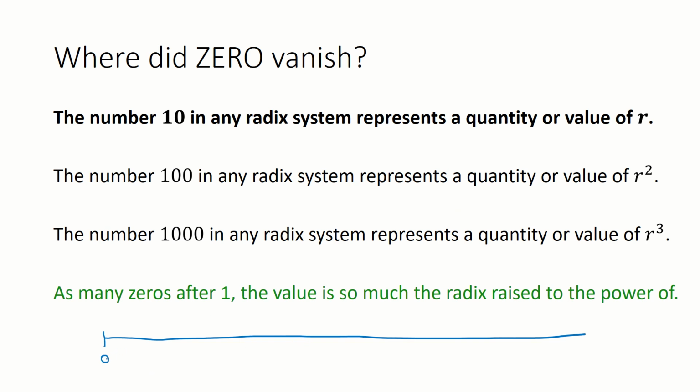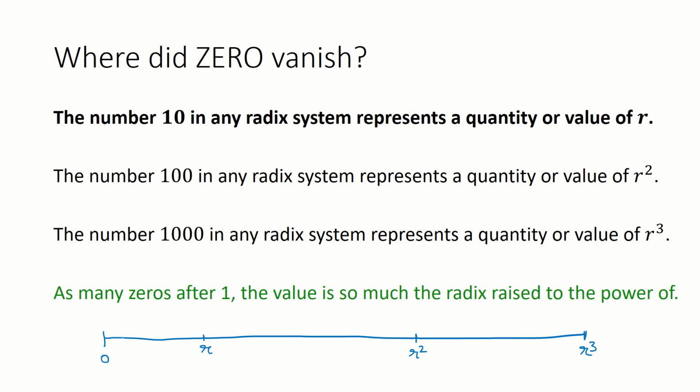So, there is this particular point where we encounter the quantity r. Then after some time we will encounter the quantity r square. Then again after some time, so this is not to scale, we encounter the quantity r cube.